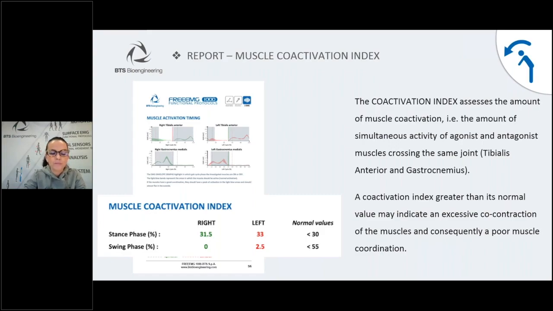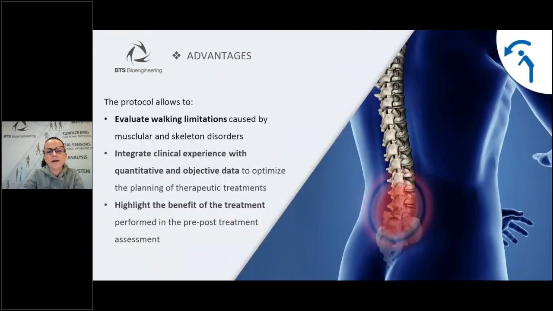Well, what are the advantages of using the work protocol? Surely this type of evaluation allows us to highlight the limitations in working due to possible alterations and musculoskeletal disorders.